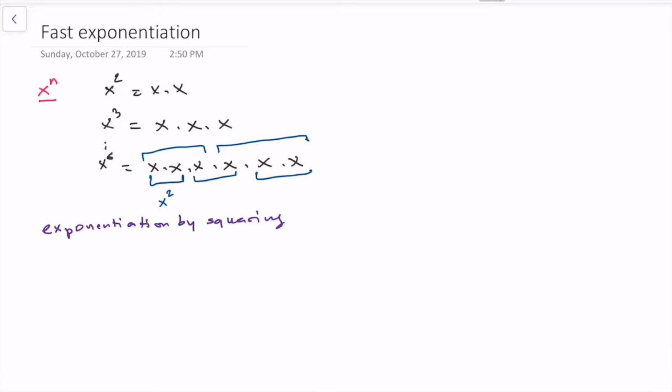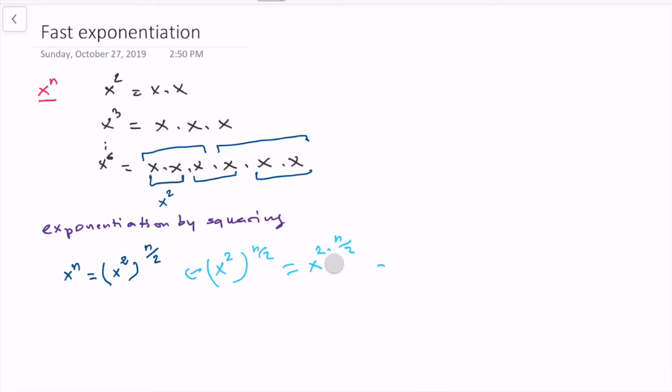To put this in a formula, x to the power of n is equal to x squared to the power of n divided by 2. If you look at it, x to the power of 2 is just x squared, multiplied by this. That's just how powers work.